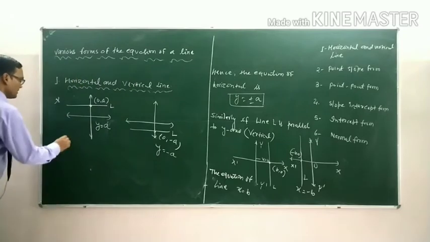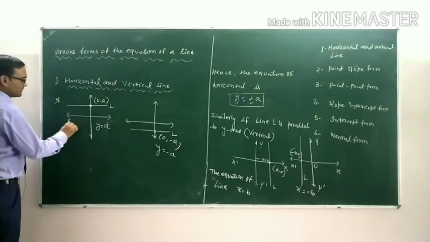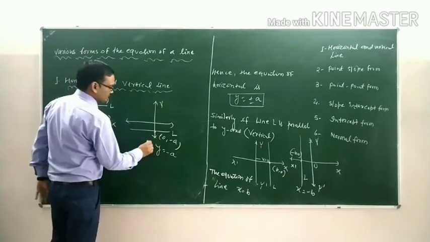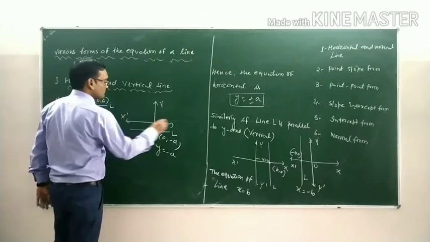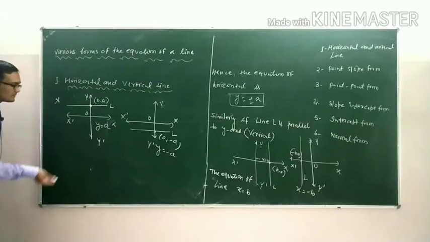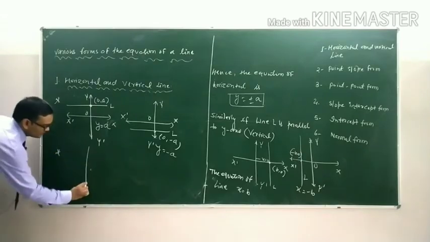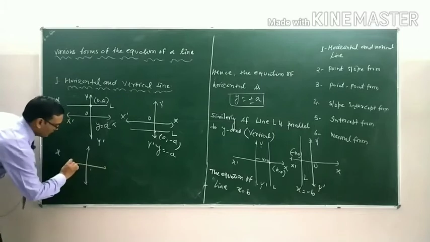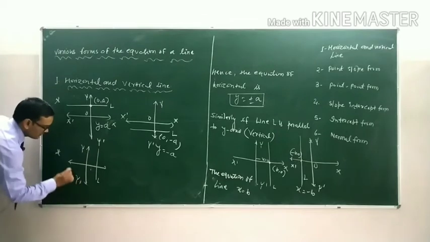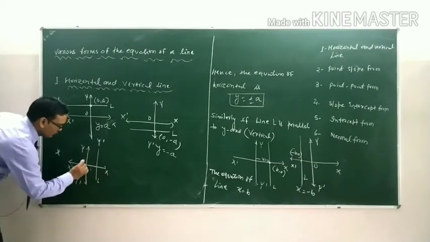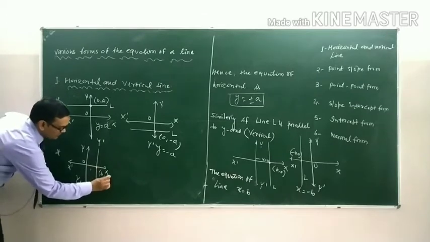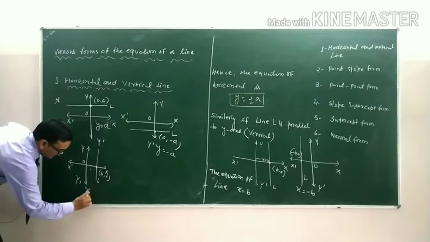Okay students, and next, if the line is vertical, that means the line is parallel to the y-axis and passing through the point (b, 0), then the equation of this line is x equal to b.